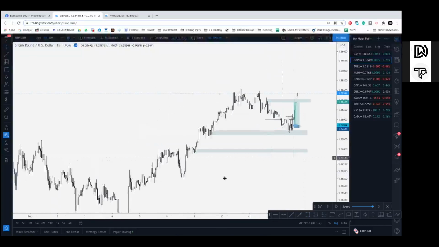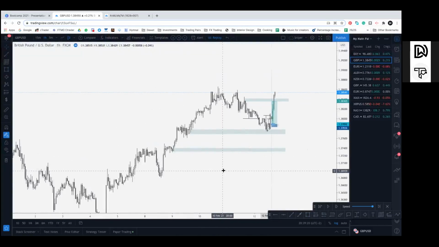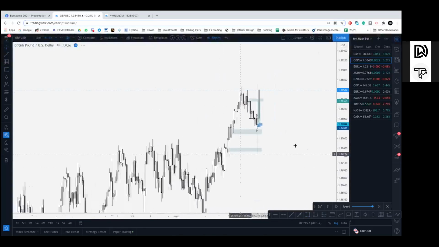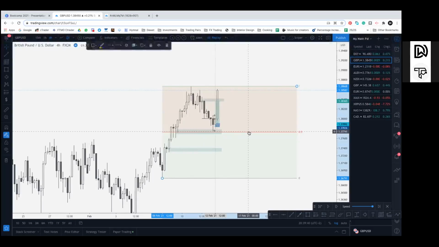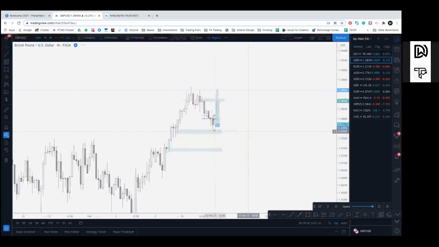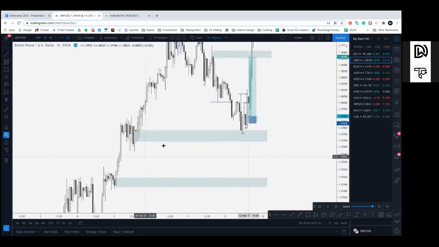I was looking for a deeper pullback because even if you look on the 4 hour, this is our range. That's the low, that's the high. So I was definitely looking for this order block for reaction because this didn't even tap the 50%. So this really came, I won't say a shock, but not expected for me. So yes, you can say that there's a 1 hour order block.